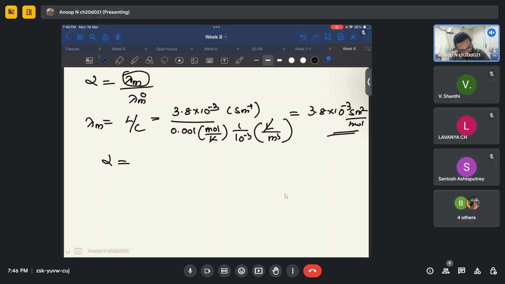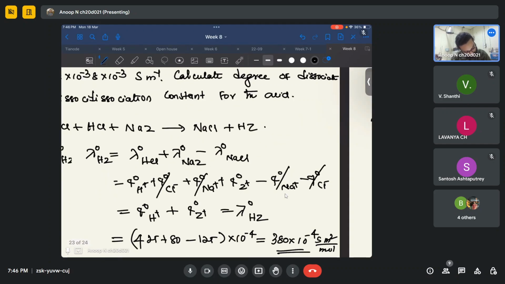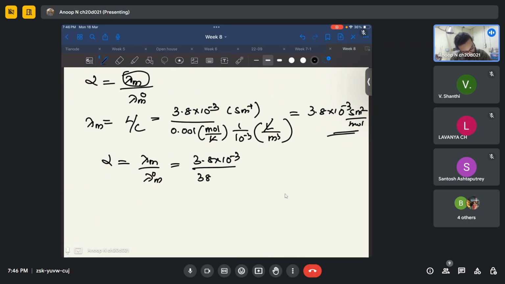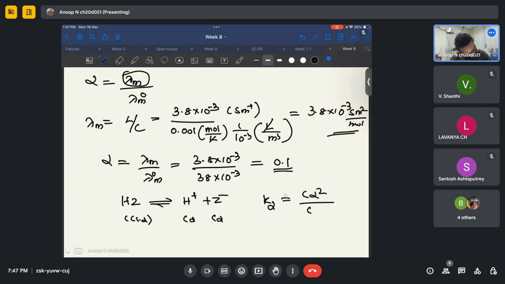So similarly, alpha is equal to lambda m divided by lambda 0 m, which is equal to 3.8 into 10 raised to minus 3 divided by, what is the value? 38 into 10 raised to minus 3, which is 0.1. Then K alpha, what will be the answer?